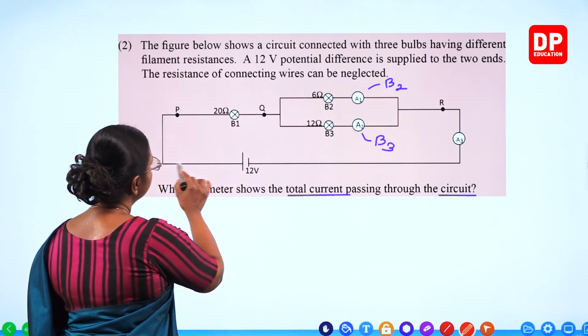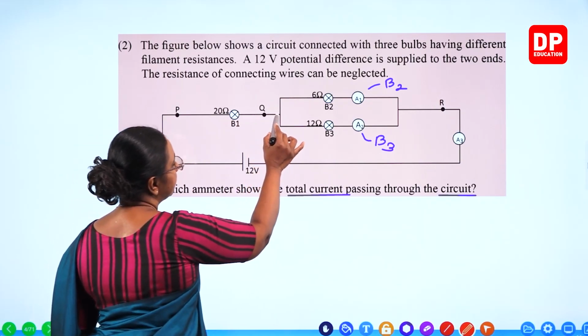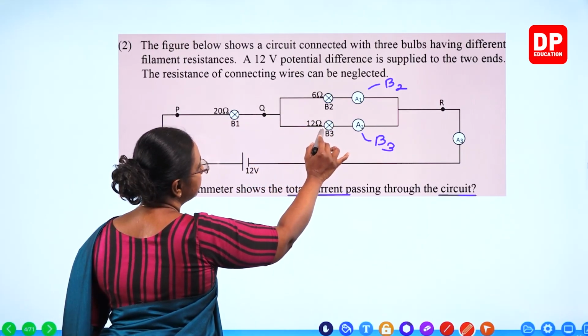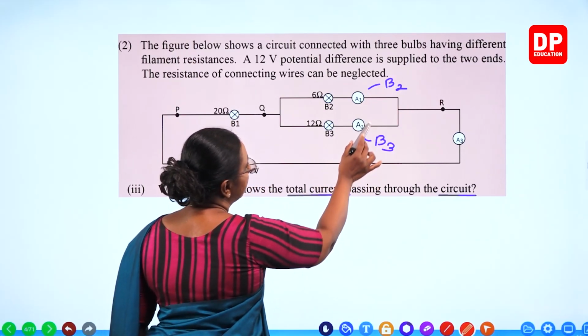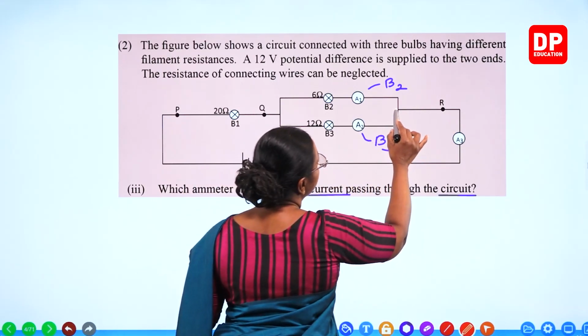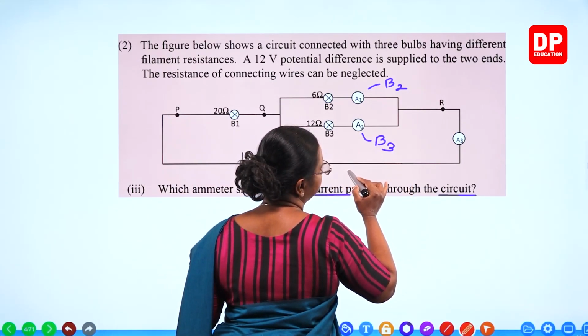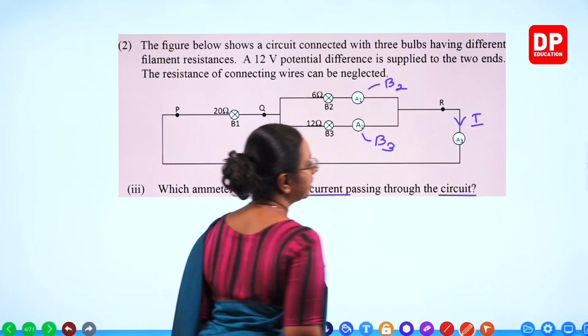Why? Current starts flowing from here. All the current flows through B1. Then at this point, current divides. And A1 measures the current flowing through B2. A2 measures the current flowing through B3. Then both of them combine here. And then A3 measures the total current.